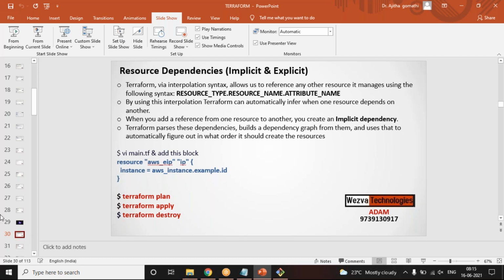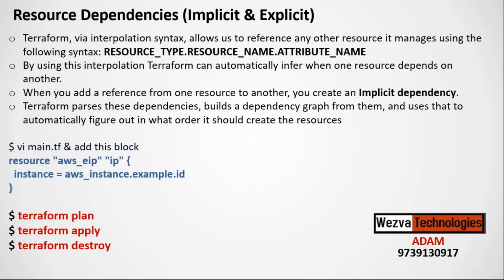If one resource depends on another resource's value, then it is called an implicit dependency. That means for you to generate a resource, you need a value from another resource. Okay, that is what we call an implicit dependency.